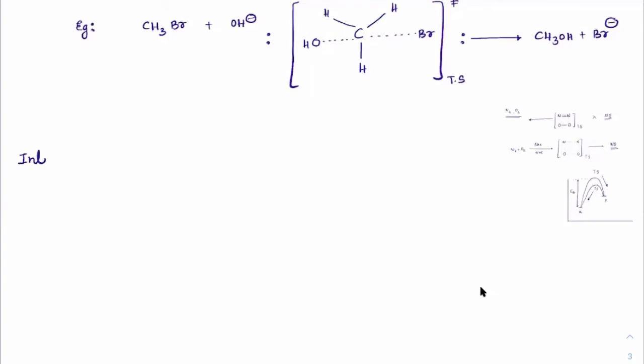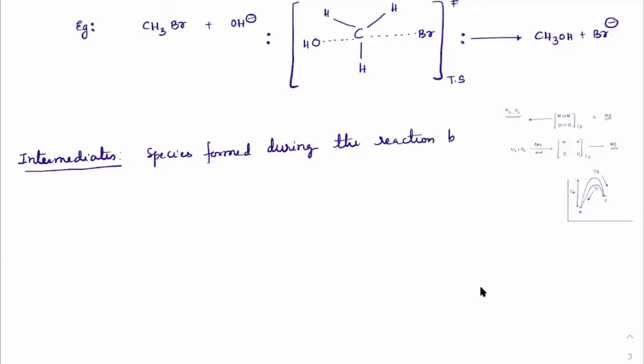Okay, so we will just write down the definition of intermediates. Everybody, please write with me. Intermediates: species formed during the reaction between two transition states are called intermediates.